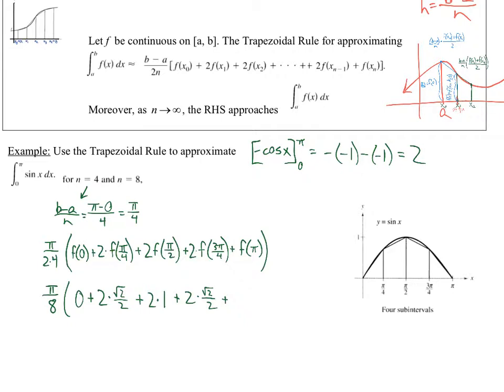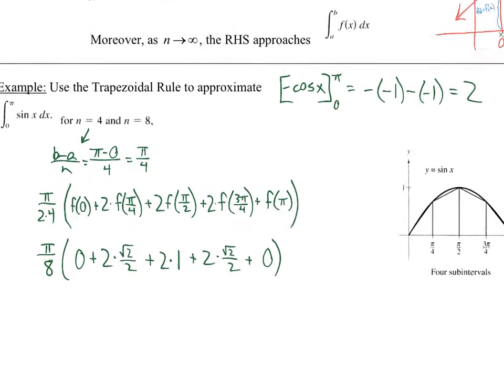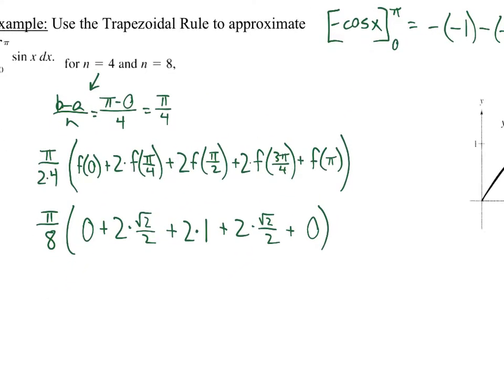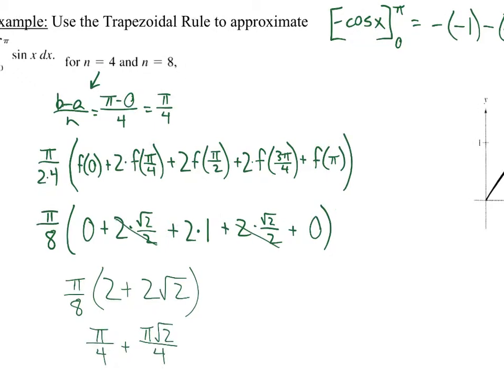And what's sine of pi? 0. Okay? So, if I do some reducing here, inside the parentheses, I get 2 plus 2 root 2, and that's all times pi over 8. Okay? So that gives me pi over 4 plus pi root 2 over 4.